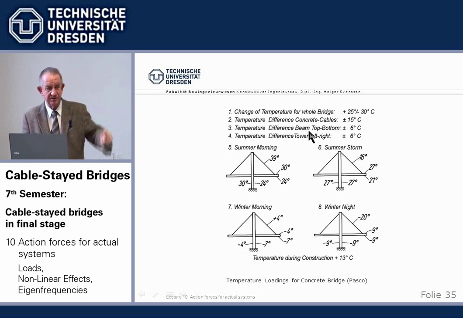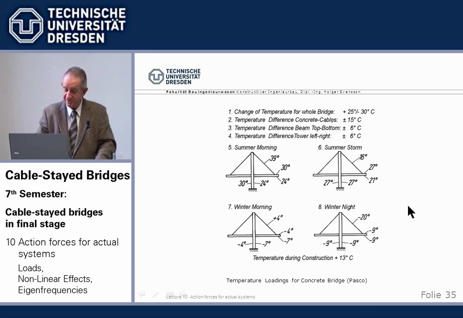Then the sun shines on the beam, the top of the beam is warmer than the bottom or the other way around, and the sun is radiating from south, so the north side of the tower is cooler than the south side. So these are the temperature conditions, and then we can combine them to something we like to call summer morning or a summer storm or a winter morning or a winter night to get these combinations.